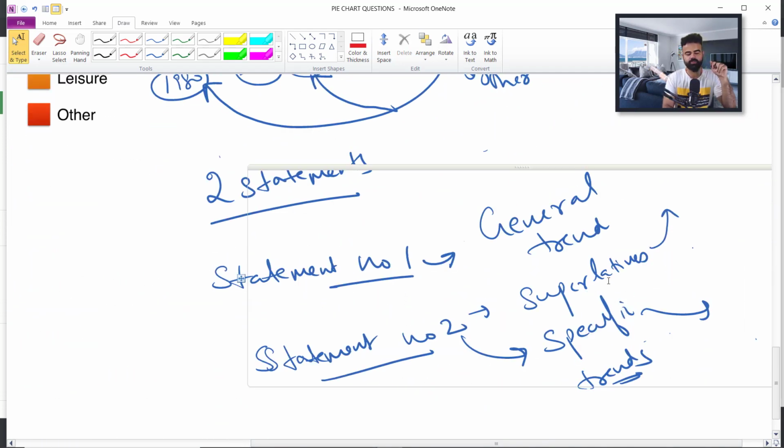Now if I have to explain superlatives. Superlative is basically a term used to check the highest, lowest, least, most, fewest data values. For example, which country accounted for the most, or which country accounted for the fewest visitors.